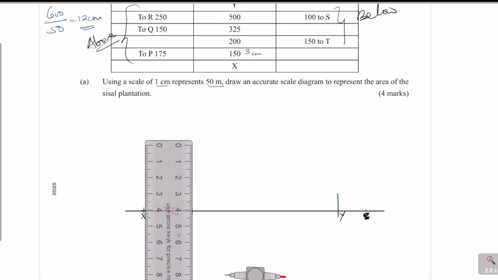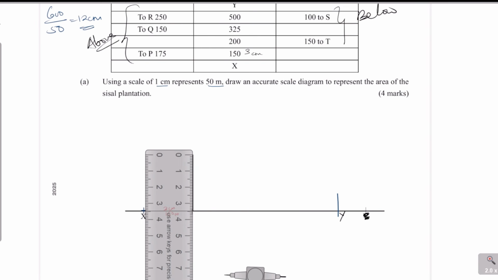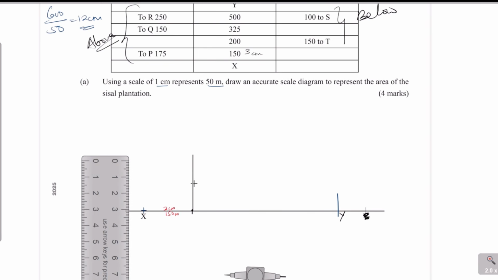So 3.5 is around that point. So from 0 here, 3.5 is there. So you draw a line up that point. So this is 3.5 centimeters. So we have P here.